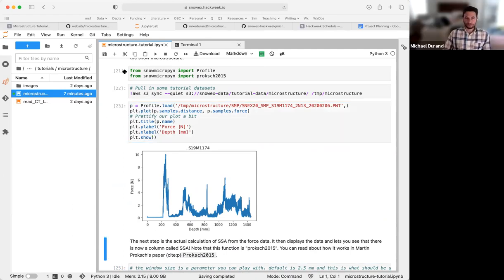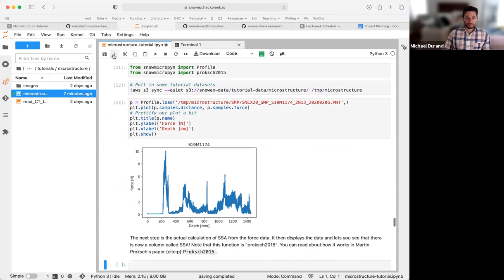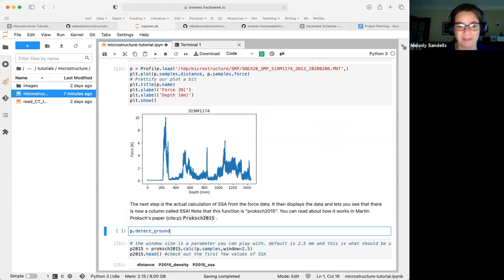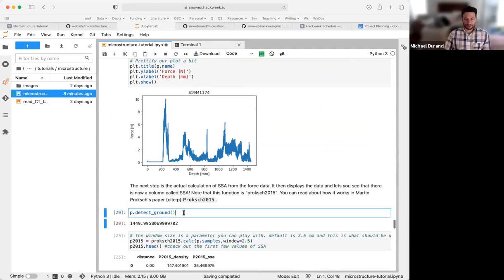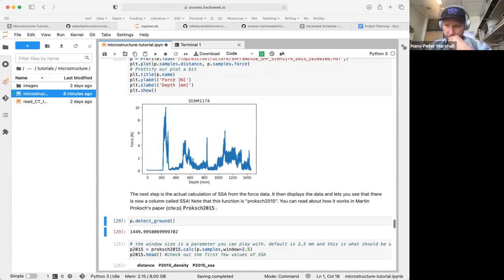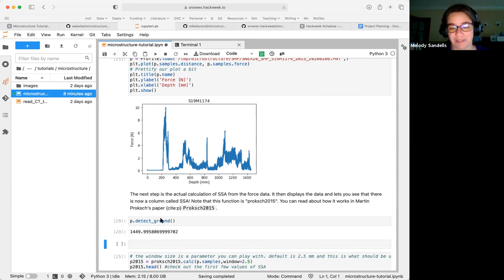Got it. I have not tried that. So it's just like P detect or something. Yeah, there you go, detect ground. Okay, nice. So maybe it has already been done automatically. But Heading says it's a bit dodgy.